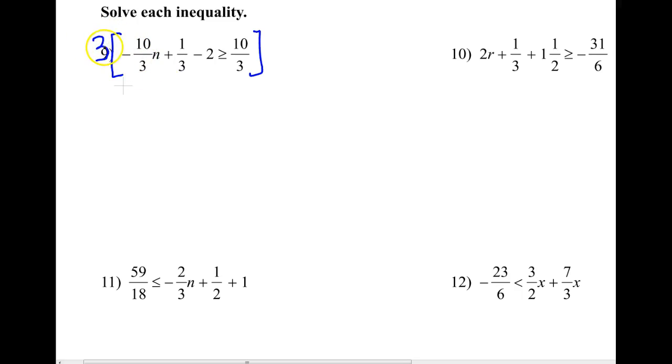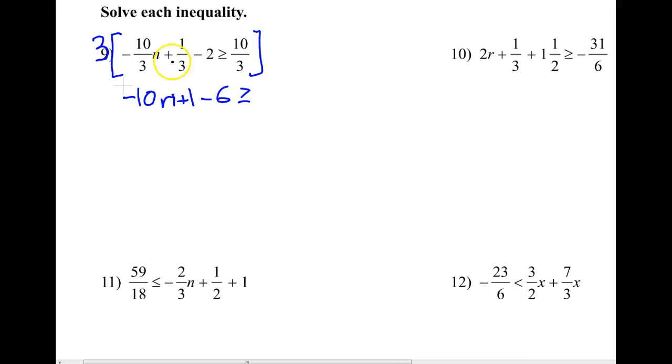So if you want to do all the way through, you can say 3 times 10 divided by 3. And of course you get 10, and that's a negative. We do 3 times 1 divided by 3, then you do 3 times -2, which is -6.